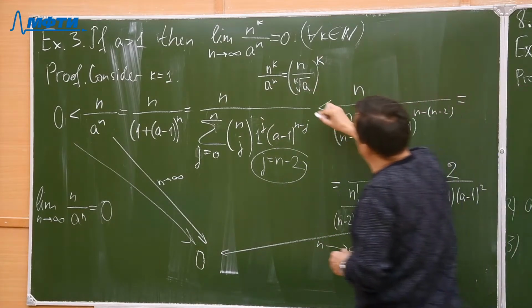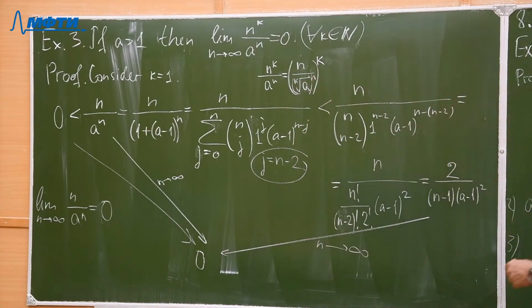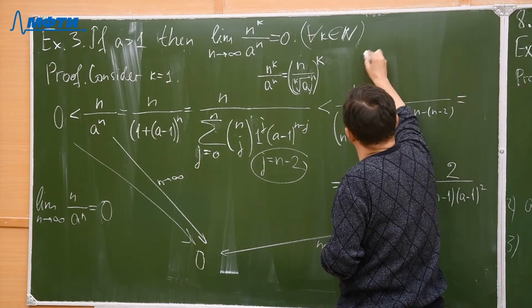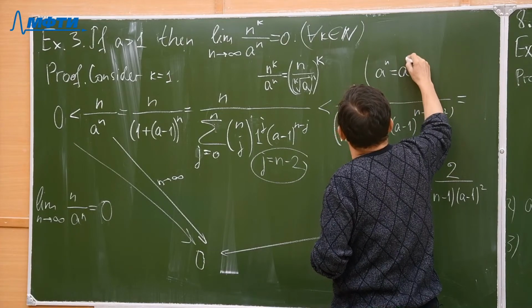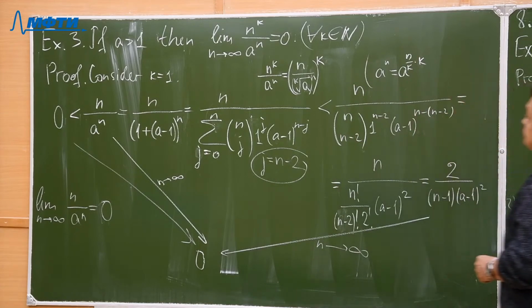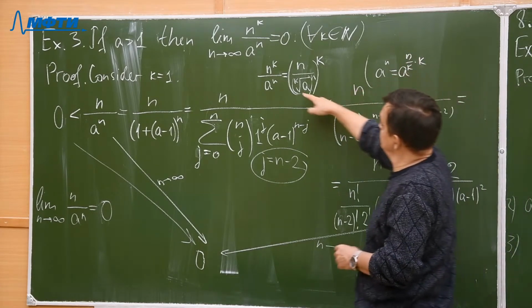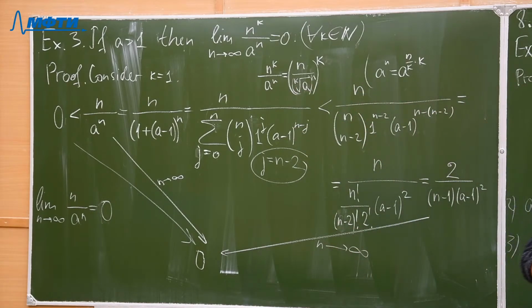Sorry, here power n, I forgot. So it means we represent a to the power n as a to the power n over k times k. And a to the power n over k is precisely that one. Kth root of a to the power n.